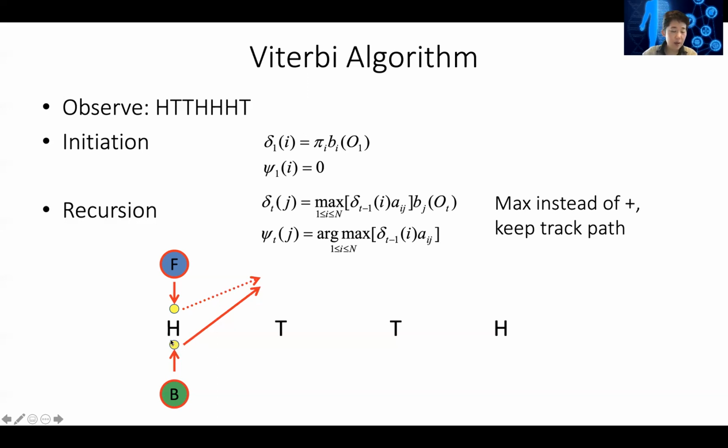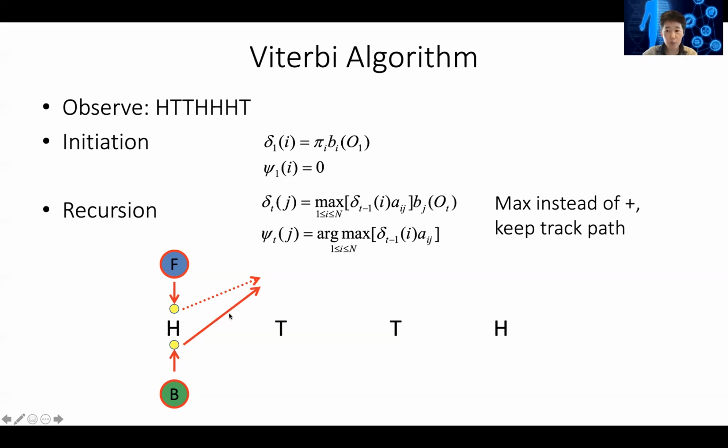Alternatively, we come from the bias coin here, having produced all the coin flips before that, and we transition from the bias coin to the fair coin. So it's this delta number multiplied by this transition probability.